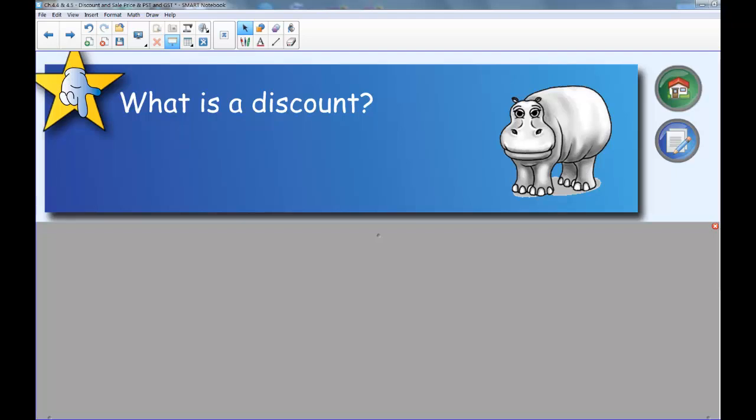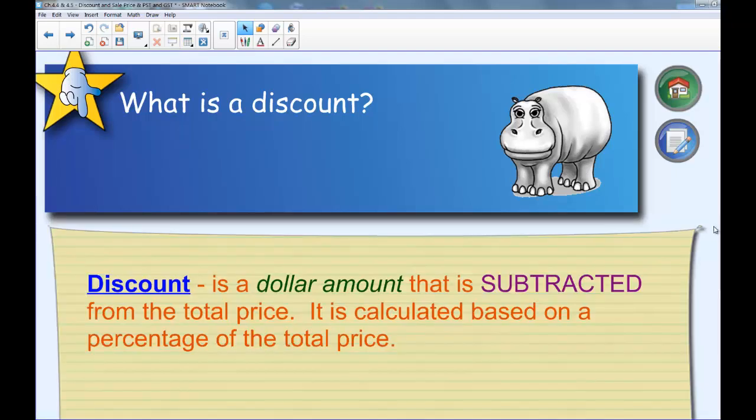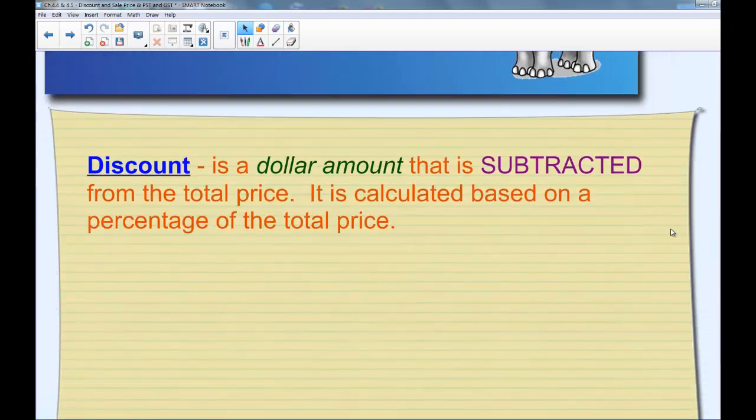Well, we all like discounts when we go to the store to purchase things, but what is it exactly? Well, a discount simply is the dollar amount that is subtracted from the total price of an item that you're buying. Usually it's based on a percentage of the total price, but sometimes a store may give you a $5 discount or a $10 discount, for example, off the total price of an item.